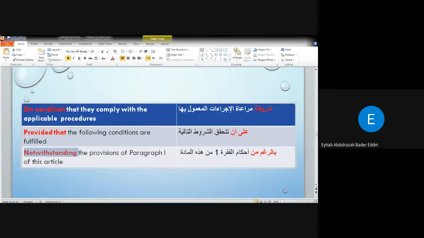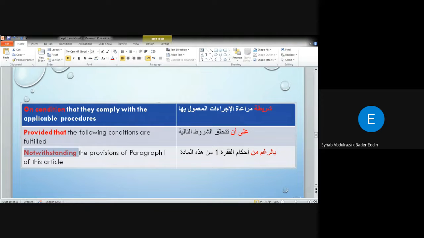So you have to be able to differentiate between them. For example, although some people are poor, they are generous. Notice? Some people, this is the subject, and are, this is the verb. Okay? Although some people are poor, they are generous.